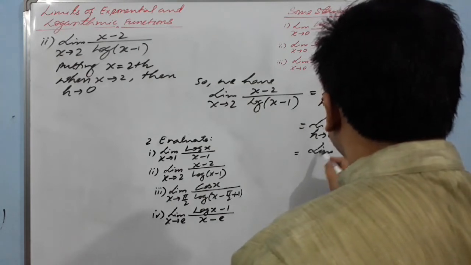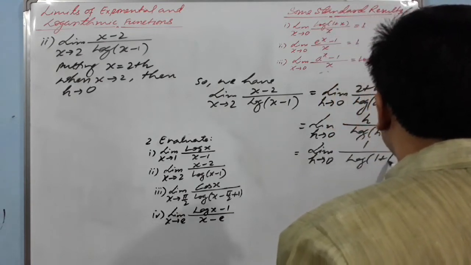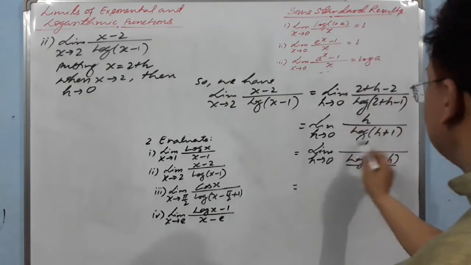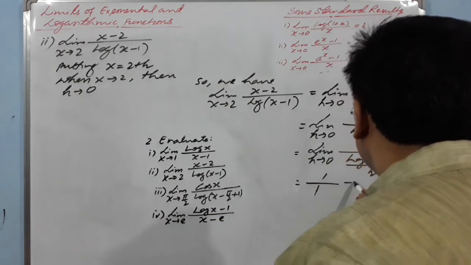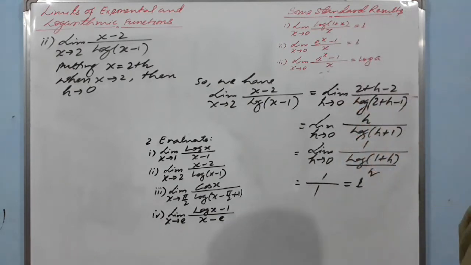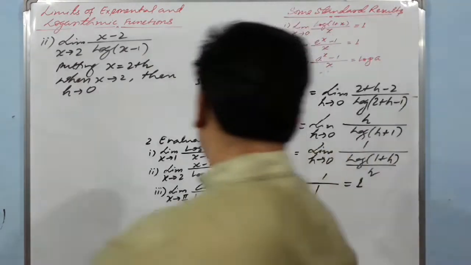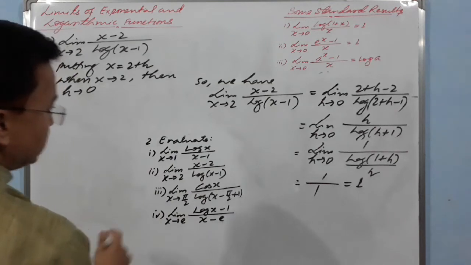So limit as h tends to 0, we can write 1 over log of 1 plus h over h. So this is also in standard form. The limit of log of 1 plus h over h is 1, so the limit of this is also 1. So 1 is the limit of this function. I think you understood. Here also the same, I think now you can try.